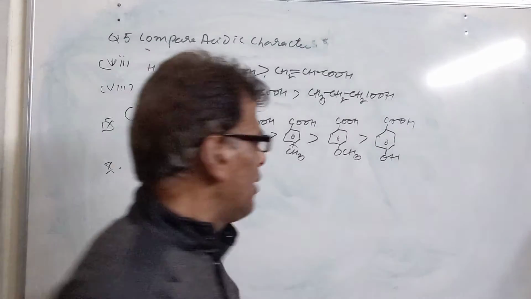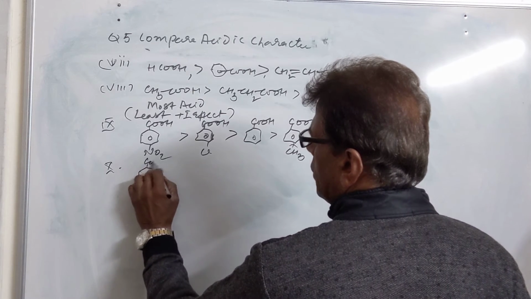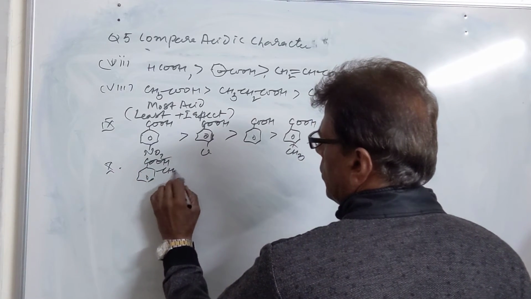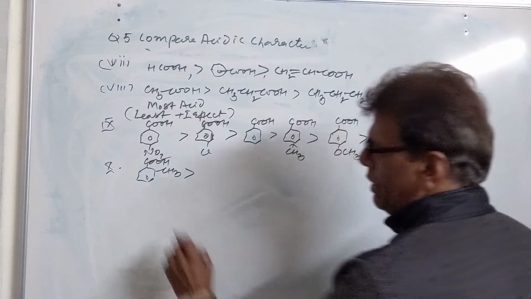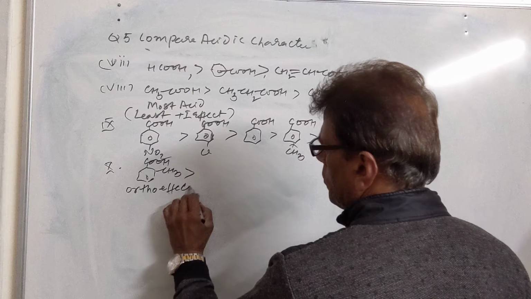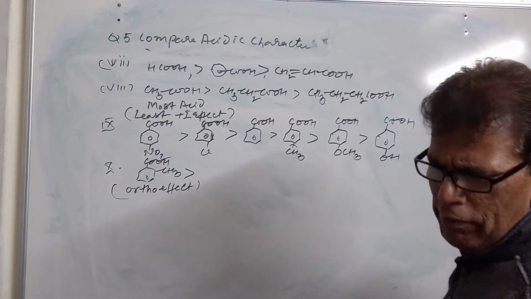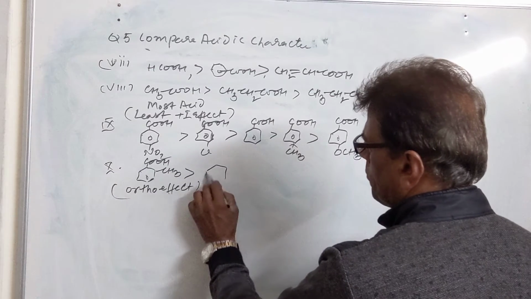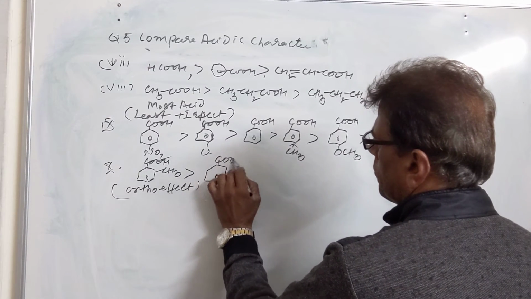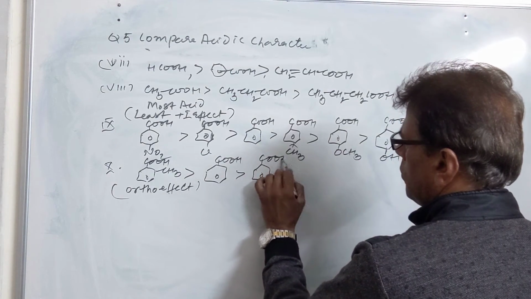Then we have another comparison, ortho-methyl benzoic acid. It is a stronger acid. It is said to be due to the ortho effect. After ortho-methyl benzoic acid we have benzoic acid. Then we have meta-methyl benzoic acid.